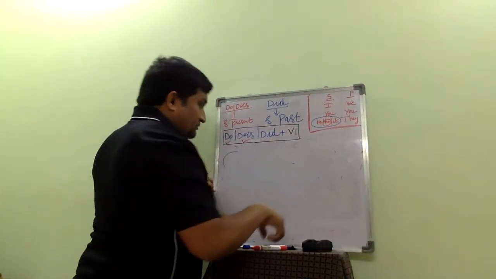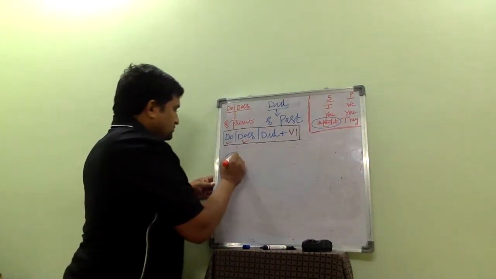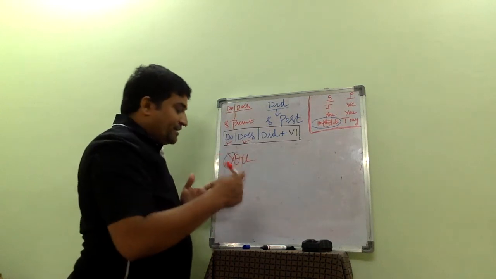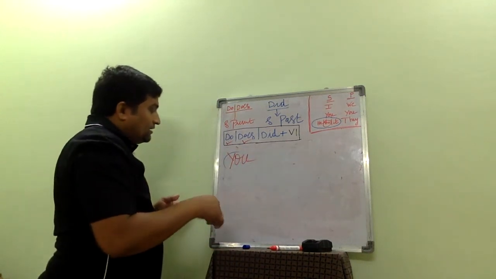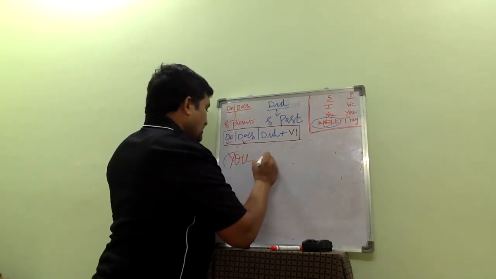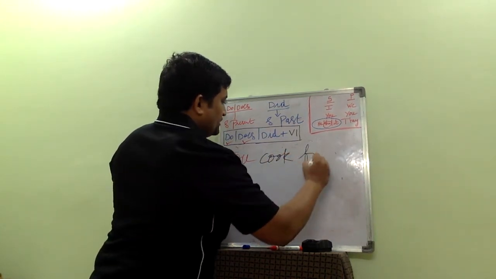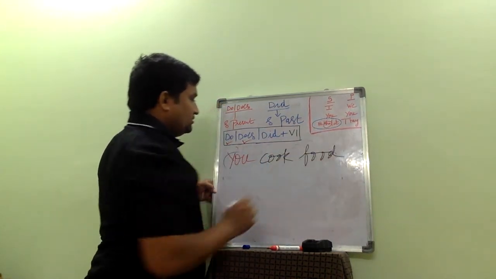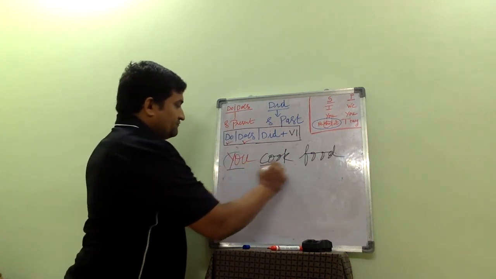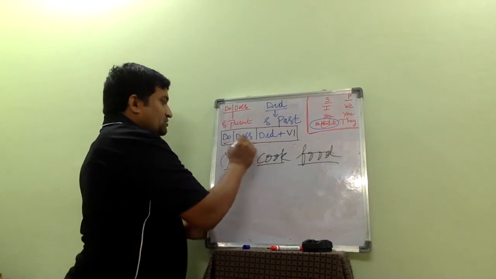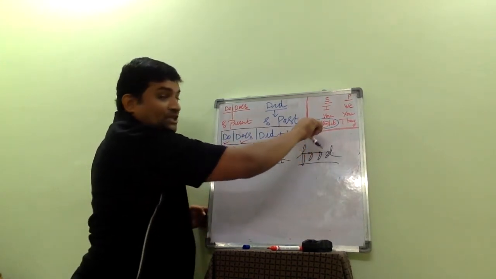So another example, we shall take you. You tell me any verb, or I will take you cook food. You cook food. Subject, verb 1 and object. And remember, verb 5 is used only for he, she, it.